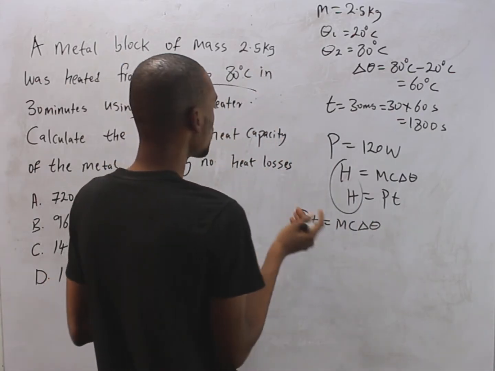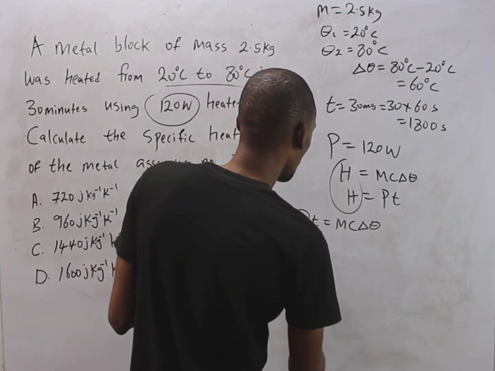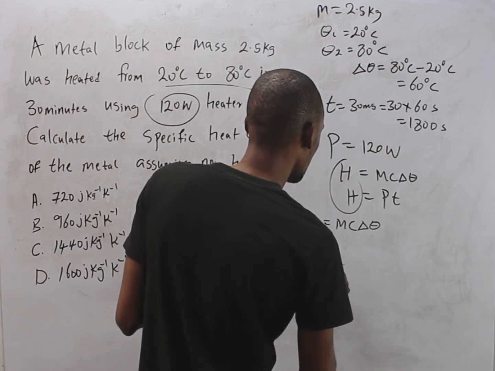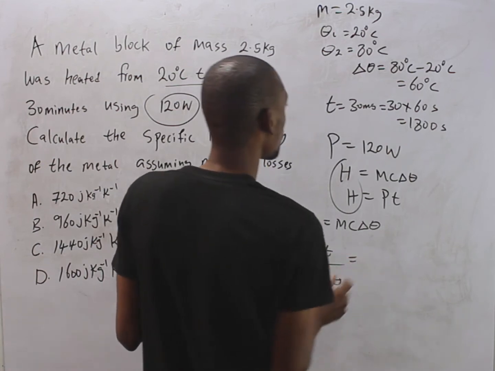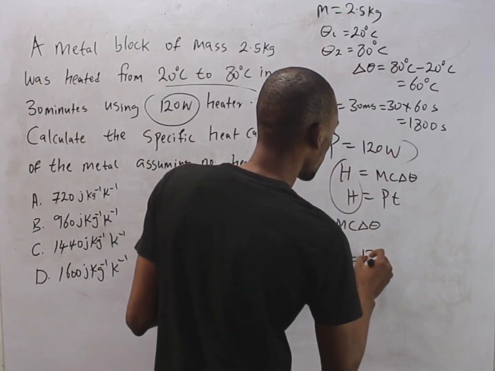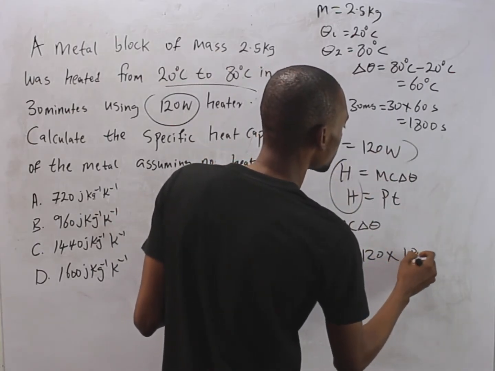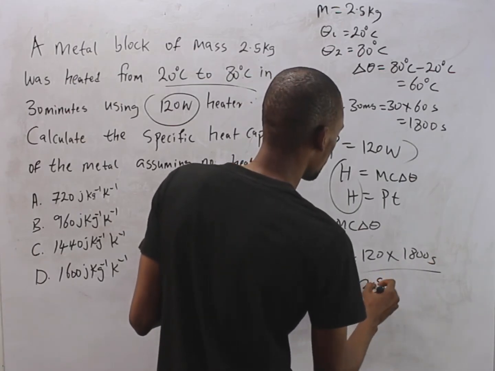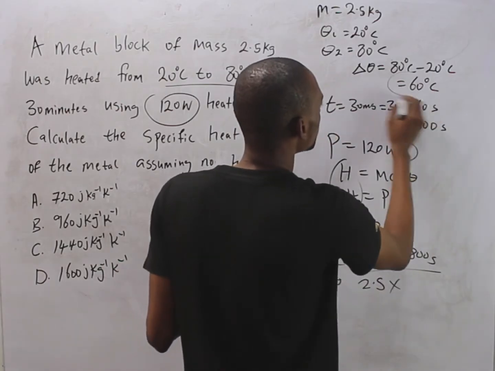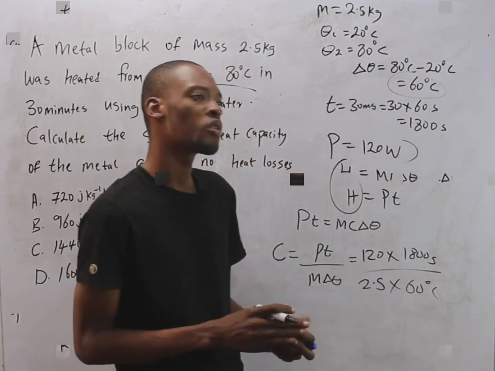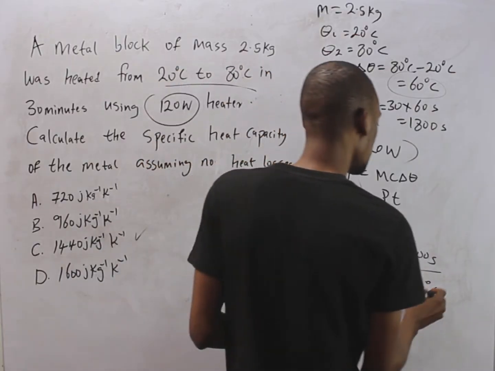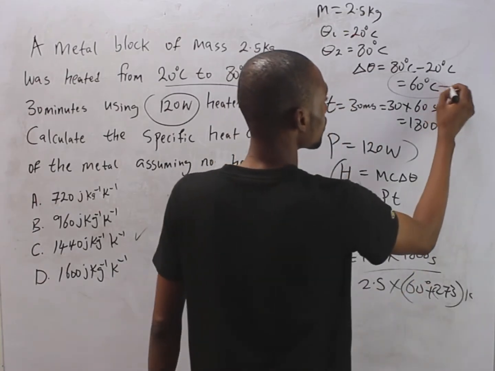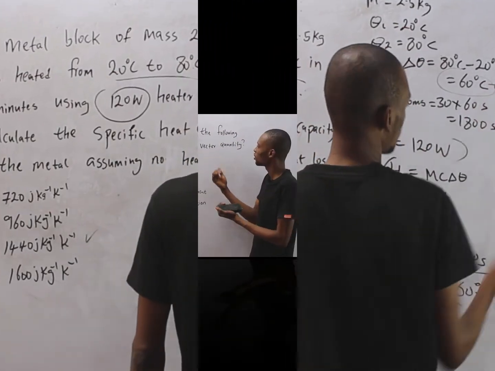Since we are looking for C, C equals power times time over mass times change in temperature, which equals 120 watts times 1800 seconds over a mass of 2.5 times change in temperature 60. To convert to Kelvin, it is simply 60 degrees plus 273. So this will give you the answer in Kelvin, plus 273 Kelvin.